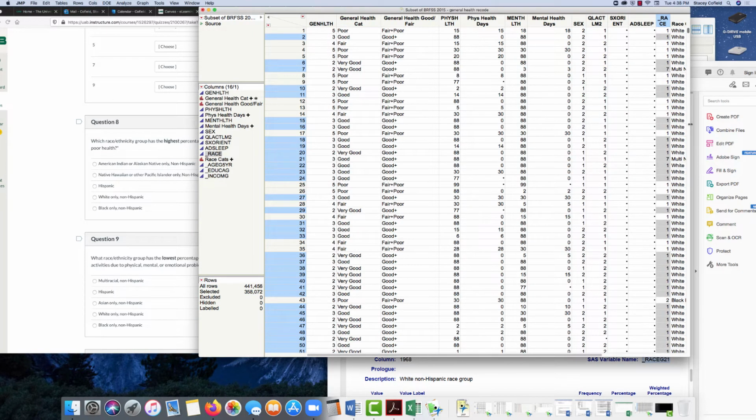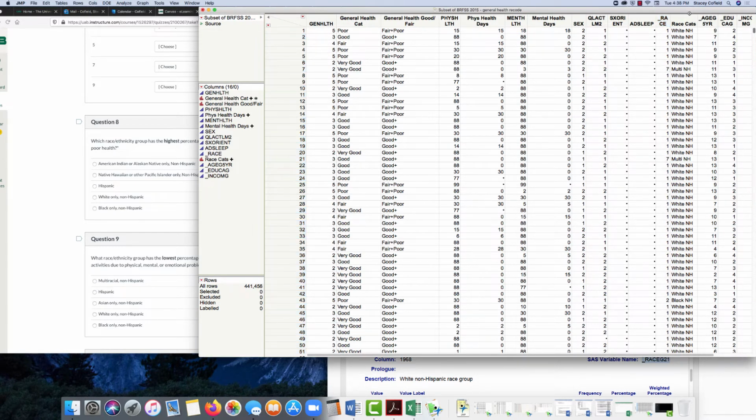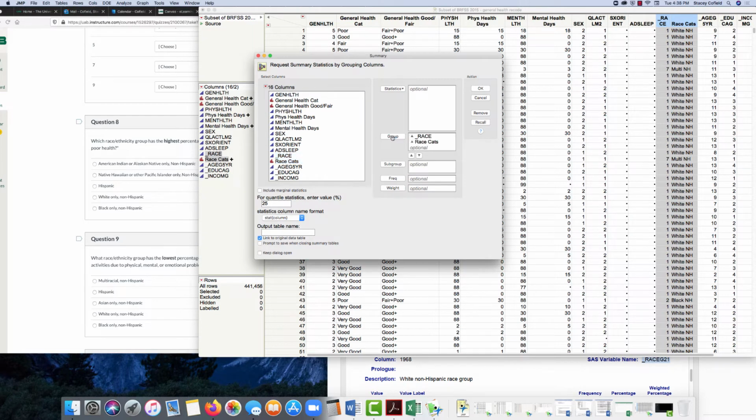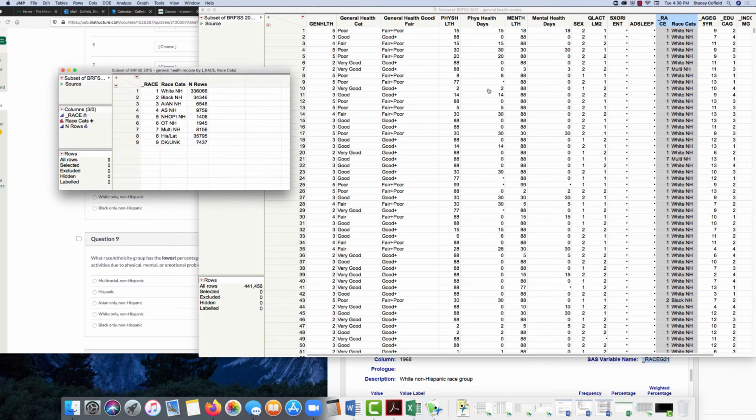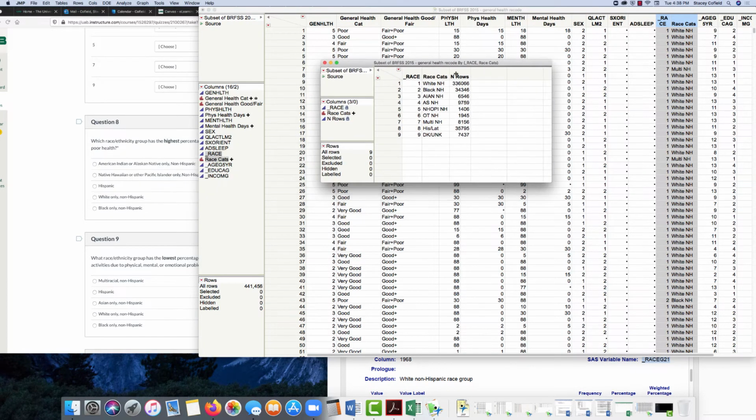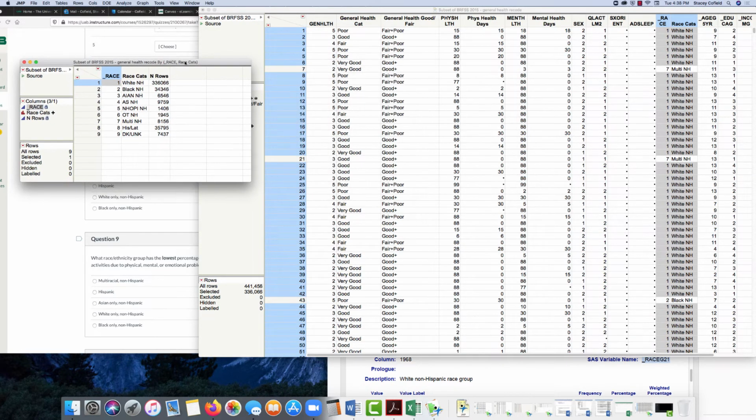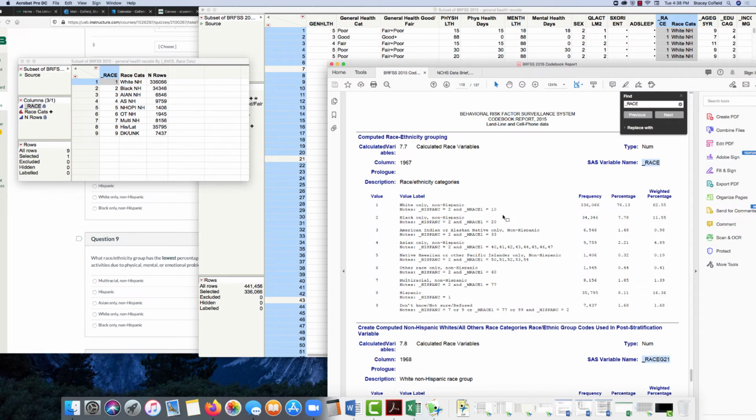And then, of course, since I've recoded this, I want to make sure that I've recoded it correctly. The best way to do that in JMP, I'll select both columns and go to the Tables menu, do Summary, put them in Group, and press OK. And now it'll bring up a table here that shows me that my whites are white non-Hispanic 333,066.